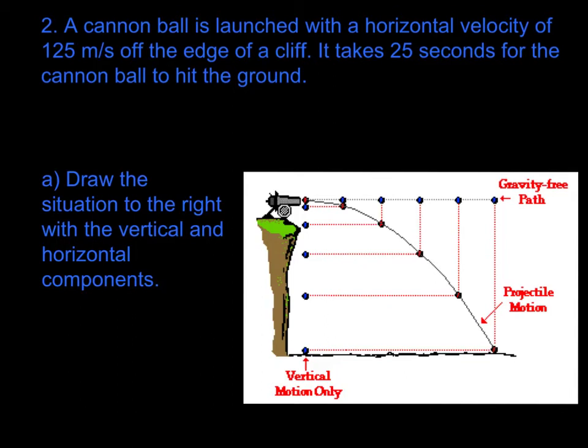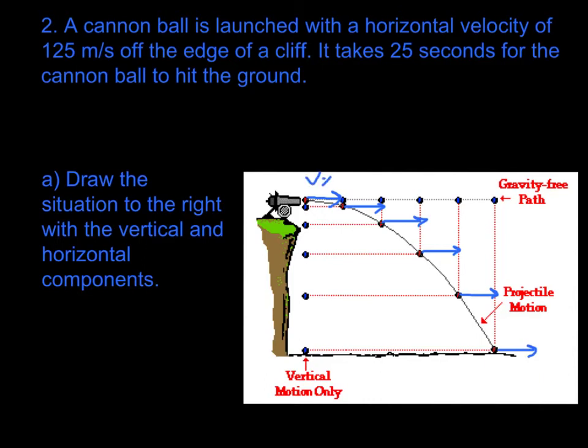Remember that the velocity in the horizontal direction always remains constant throughout the flight of the projectile. So as you put in your horizontal velocity, each arrow should be the same length because the horizontal velocity remains constant throughout the entire flight of the projectile.